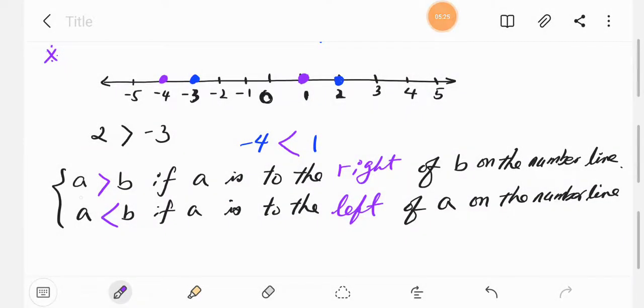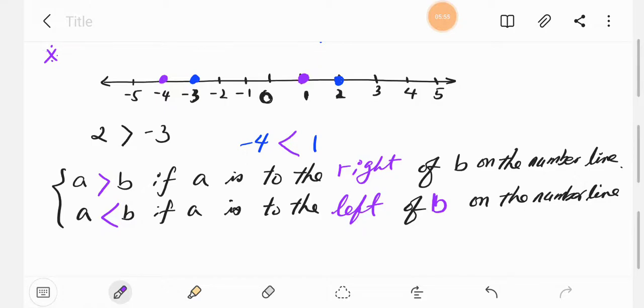So if A is to the right of B, then A is greater than B, because A is on the right side of B. Or if A is to the left of B, then A is less than B. Can you see it on the number line?